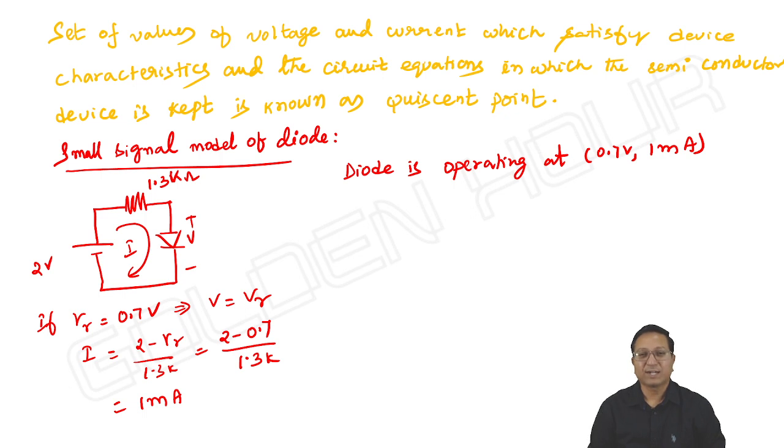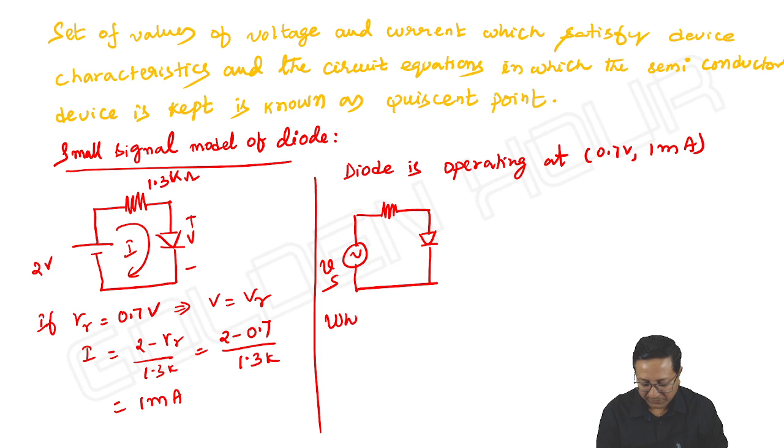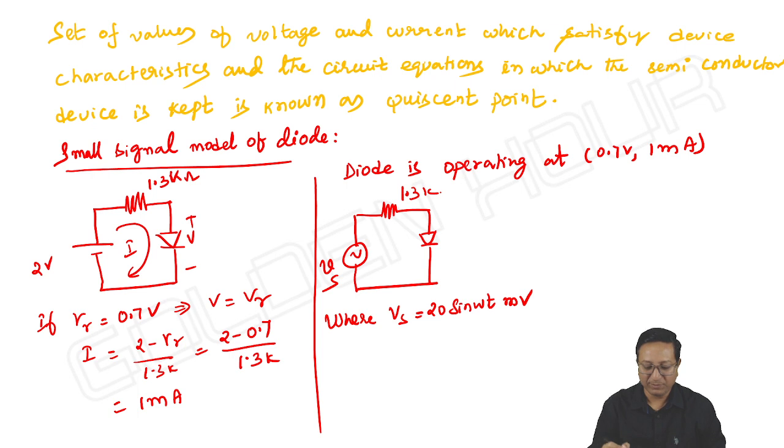Okay, the supply voltage is greater than the cut-in voltage, so it conducts and V gamma is given. Okay, fine. Whereas I'm taking the same diode and I'm applying some AC signal where Vs is equal to 20 sin omega t millivolt, the same 1.3 kilo ohm, and V gamma is also the same 0.7.